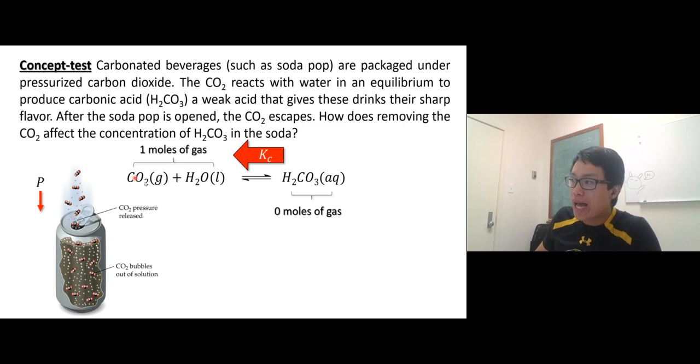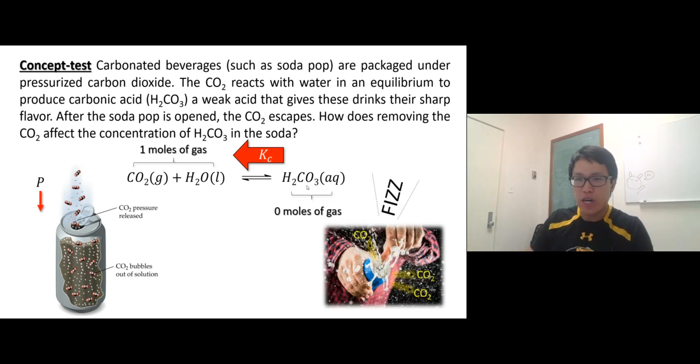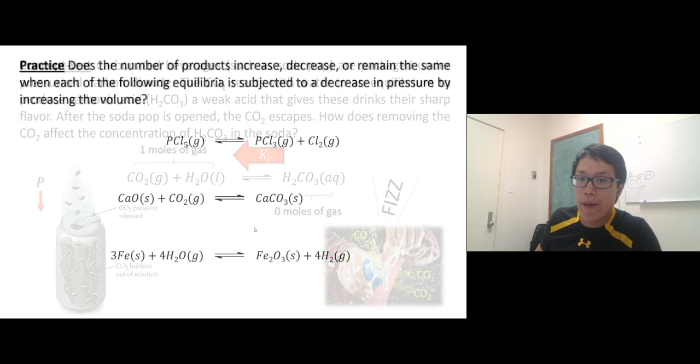And to make more carbon dioxide, what happens to the concentration of carbonic acid? Lower carbonic acid. When you open the soda cap, you have probably heard the noise, psst. It's fizzy. That's because of carbon dioxide rushing out. The equilibrium even makes more carbon dioxide, and carbon dioxide keeps rushing out from the cap, and that's why you hear the noise. That's the explanation.